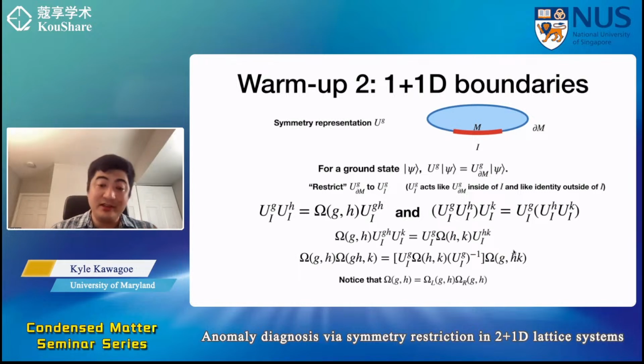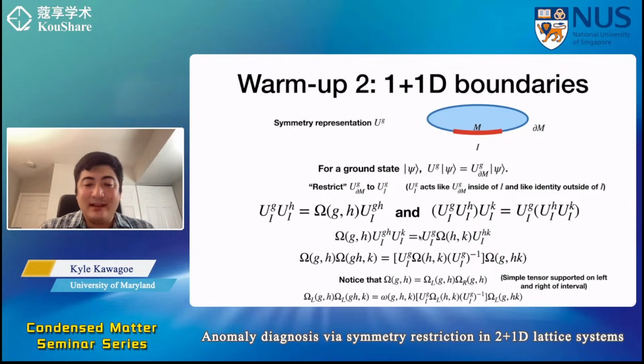And now what you can do is you can say, well, you have this constraint, this relationship between these omega operators. Using the fact that omega is only supported on the boundary of I, we also know that this equation must be satisfied by, so take omega to be the product of something on the left and right, L and R. This constraint on omega means that omega L also satisfies this constraint on the left side, and omega R satisfies this constraint on the right side, but again, only up to a phase.